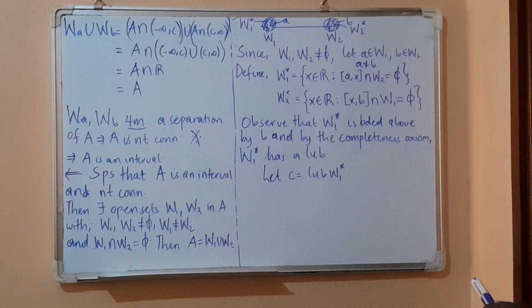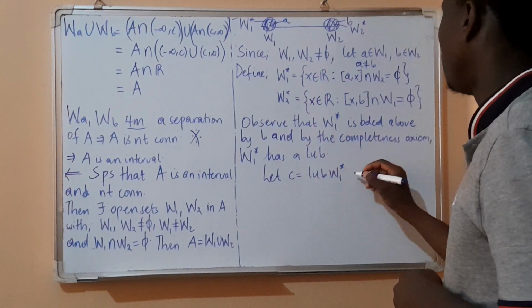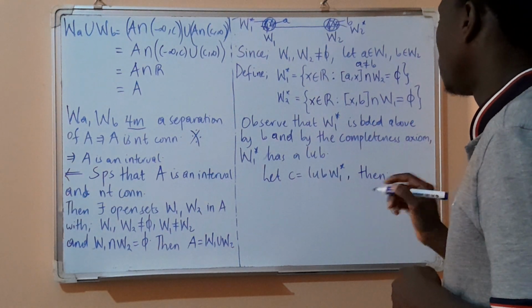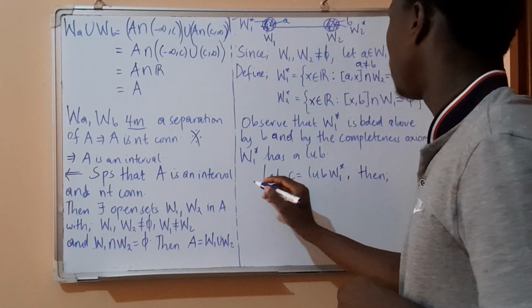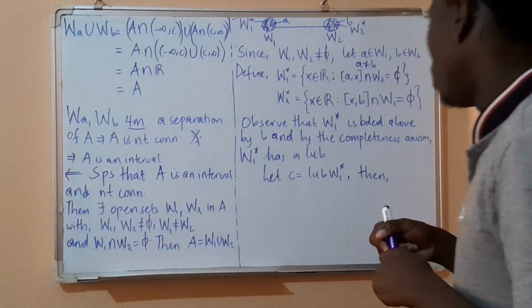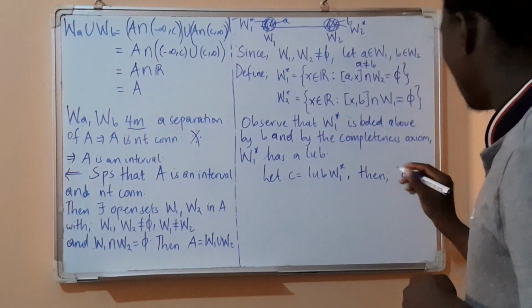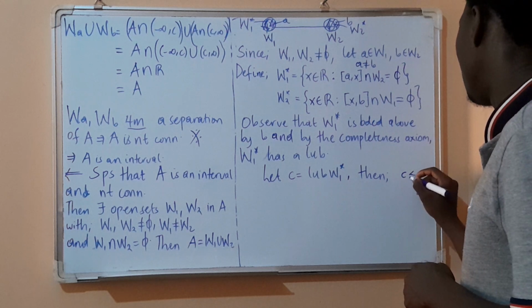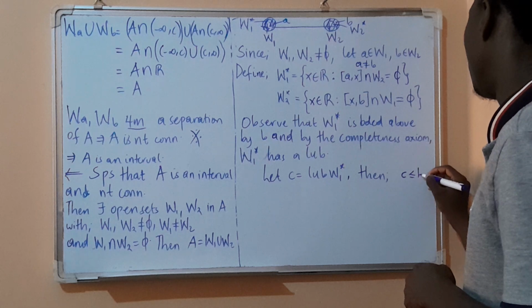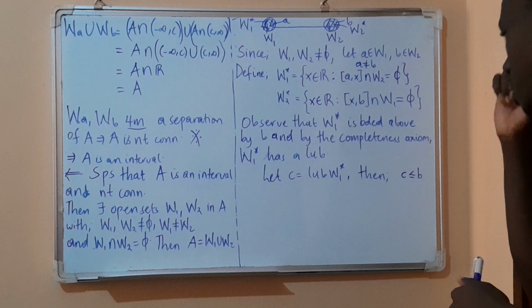So if C is the least upper bound of W1 star, then C should be less or equal to B, since B is the upper bound.